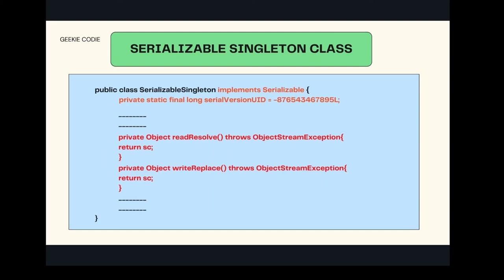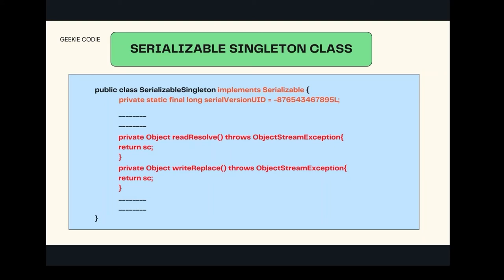In order to make sure that we have the same object, we have to override two methods. The first one is readResolve and the second one is writeReplace. These methods will be called during the serialization and deserialization of the class, and readResolve will be called at deserialization time.